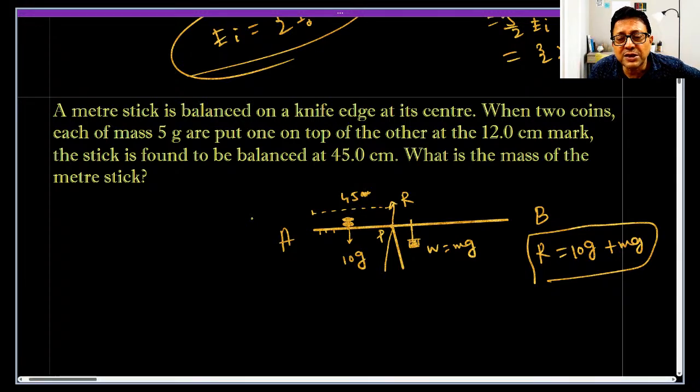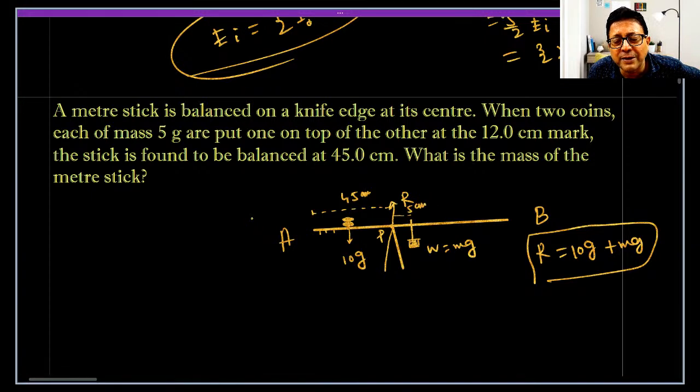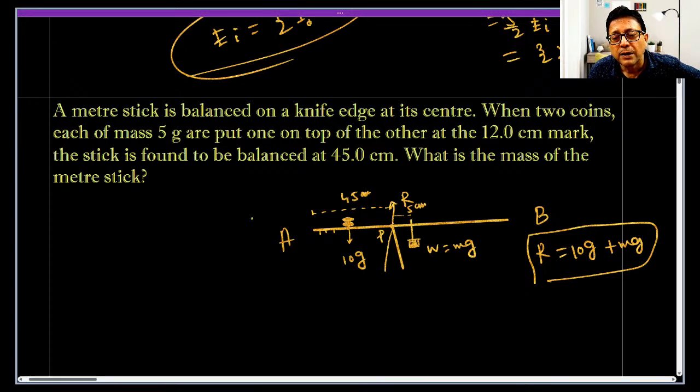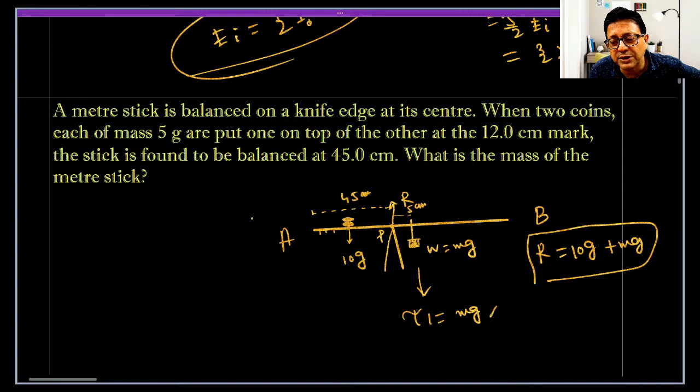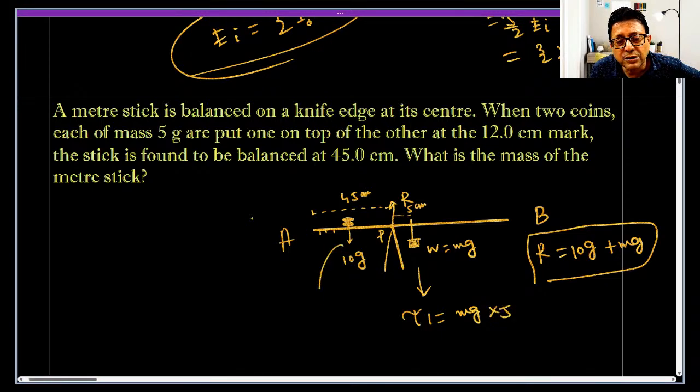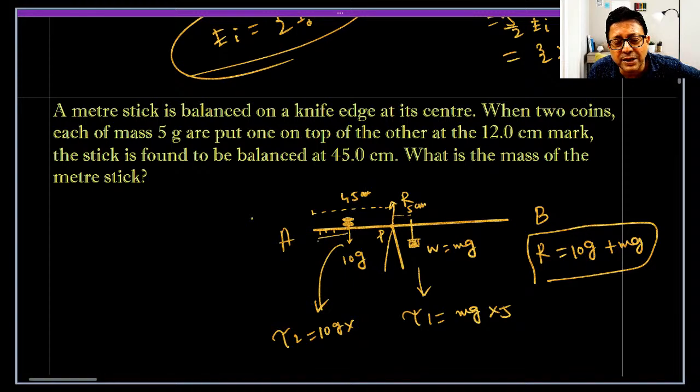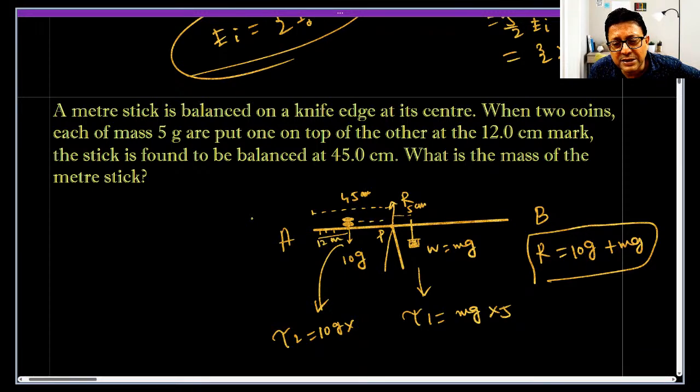Okay? So this distance is how much? 5 centimeter only. This is 45, this is 5. Now this torque will be clockwise because this lever arm rotates in the clockwise sense. Tau 1 equals mg into 5, and the torque due to this 10 gram will be what? Tell it, it is 10g into this distance. This is 12 centimeter. This is 33 centimeter.